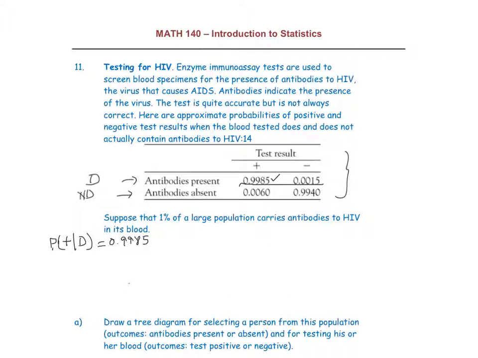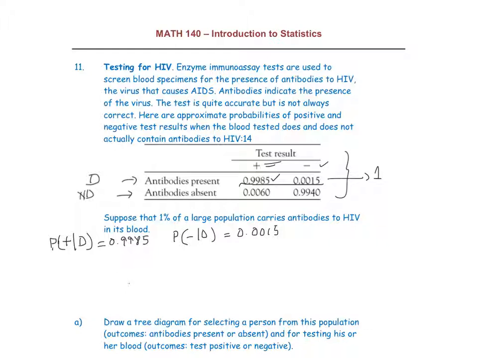So if someone has the disease, there are only two possibilities. They either show positive or they show negative. So the other possibility is the probability that someone shows negative knowing that they have the disease, and that is equal to 0.0015. So when we add these two probabilities, it adds up to 1. That's what tells us that there are only two possibilities.